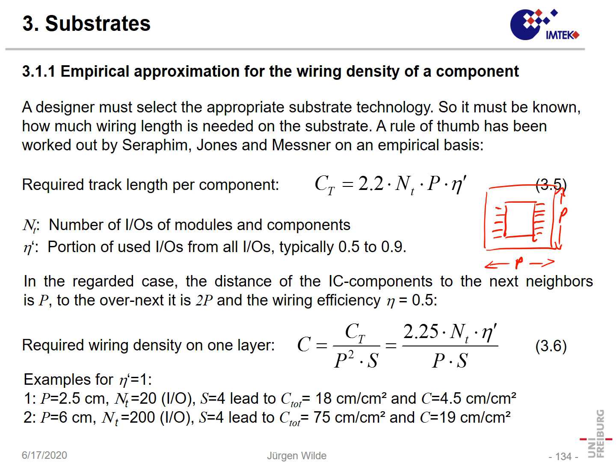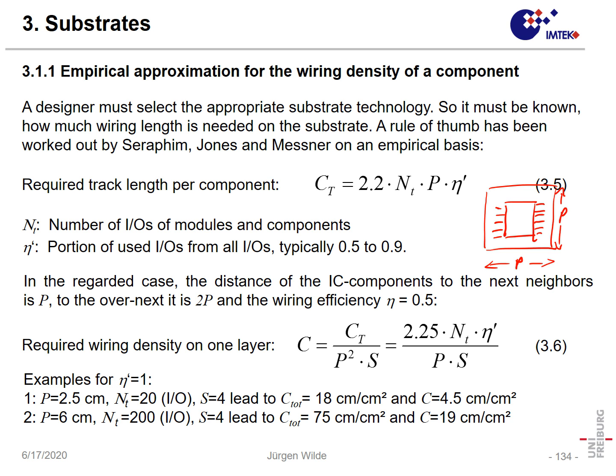And here we can say, for instance, if we have a larger area, 200 IOs, 4 layers, we need typically 75 centimeter per square centimeter, and on one layer we just need 19 centimeter of conductor length per square centimeter.